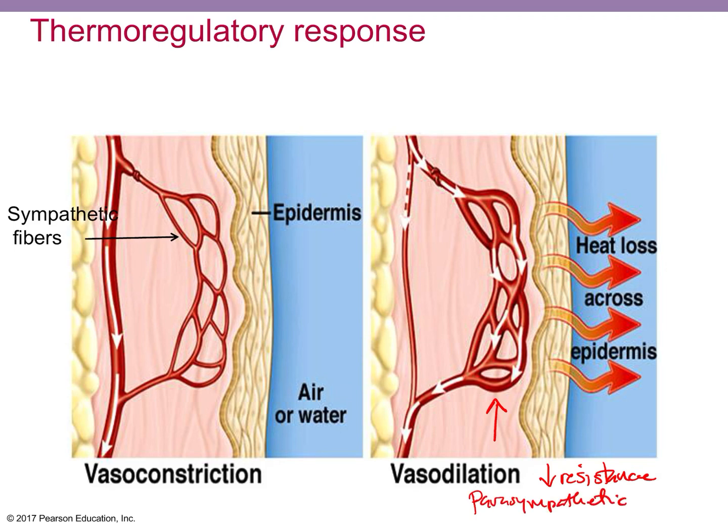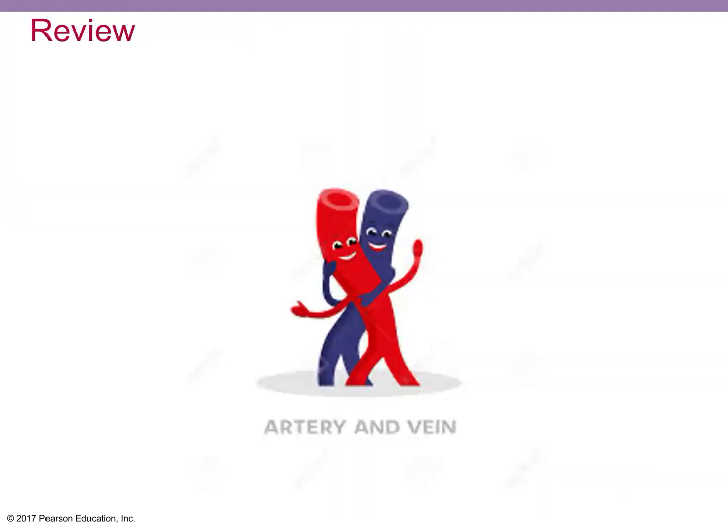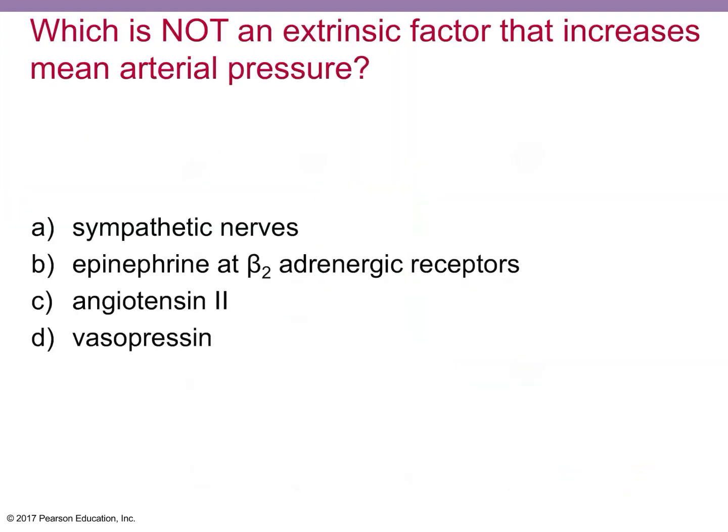And this is going to be because of parasympathetic, right? Your parasympathetic fibers are going to relax your blood vessels. If you're cold, your sympathetic fibers will cause your blood vessels to constrict. That's going to increase resistance, and it's going to make it harder for the blood to go to the surface of your skin, so you're going to conserve that heat.